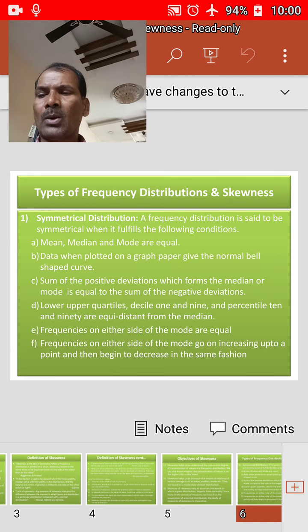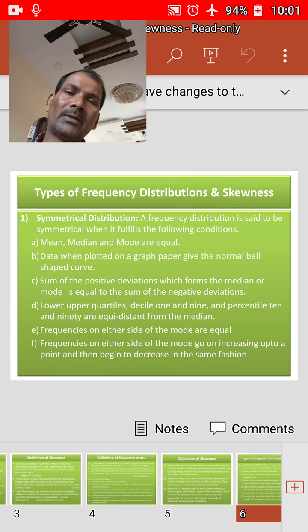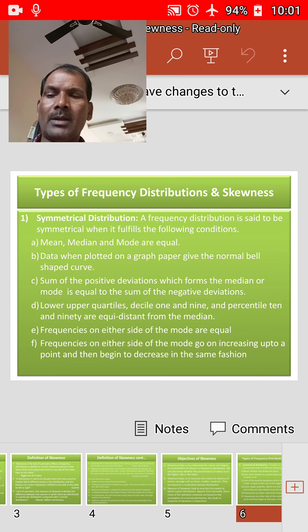Next, lower and upper quartile, decile 1 and 9, and percentile 10 and 90 are equidistant from the median. They are equally distributed. How? Lower quartile is Q1 and upper quartile is Q3.